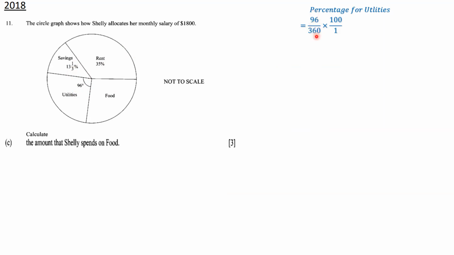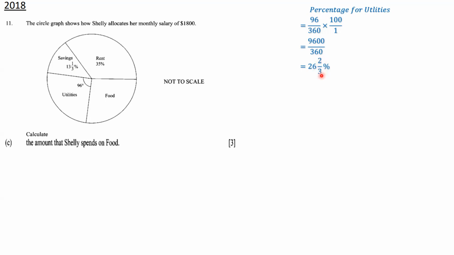So that's why we have this as a fraction multiplied by 100 over 1, because we're trying to change this fraction into a percentage. And so we say 96 multiplied by 100, that's going to be 9,600. And then 360 multiplied by 1, which is 360. And so we divide 9,600 by 360, and we get 26 and a third %.